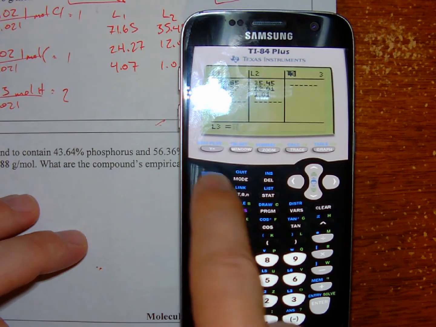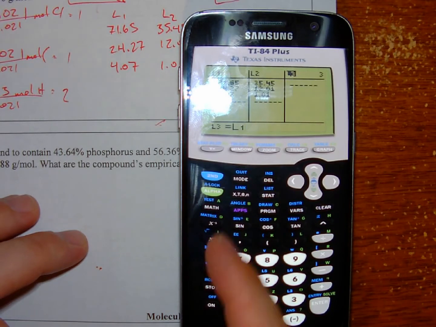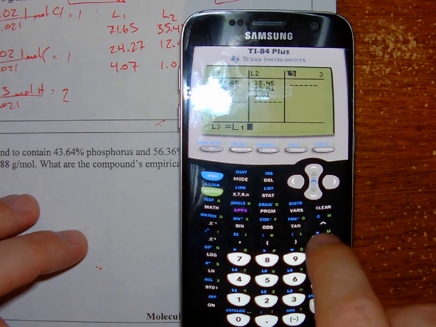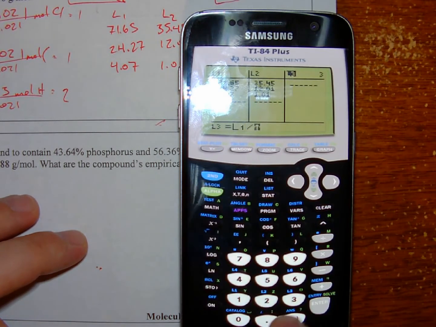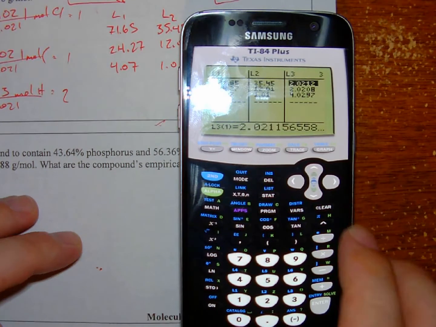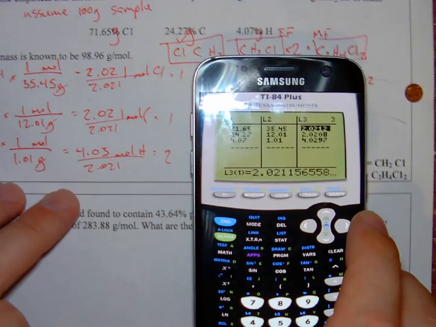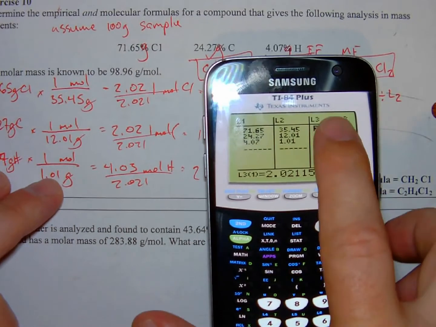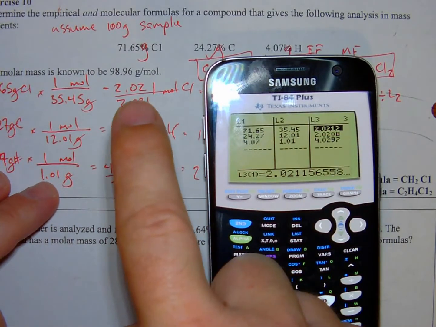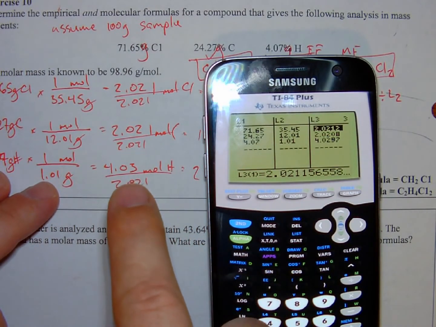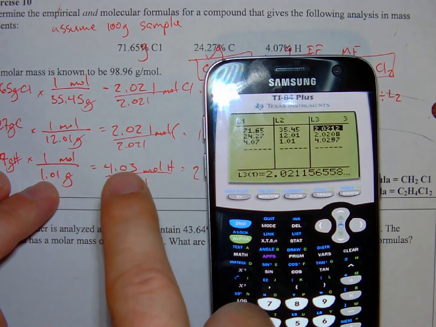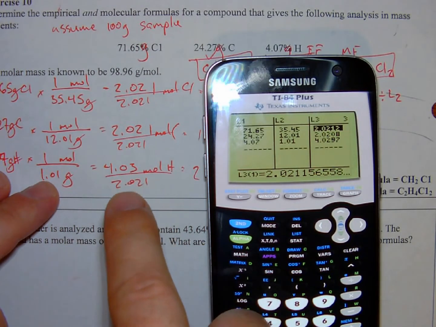So I'm going to go second, 1, that's list 1, divided by second, 2, which is L2. I'm going to press enter. And notice L3 has given me the exact same values that I generated on my first go round.